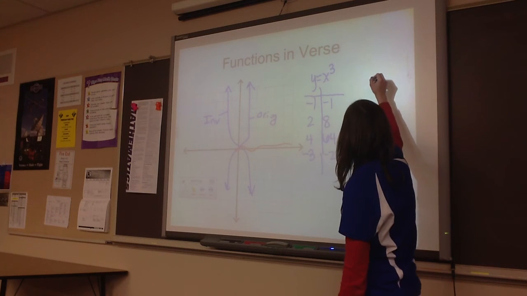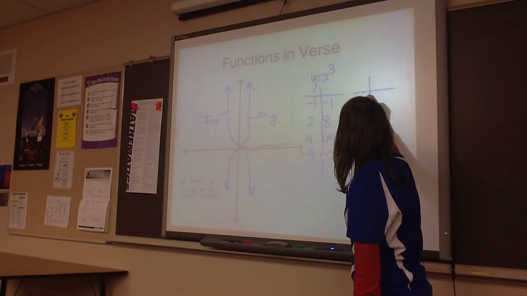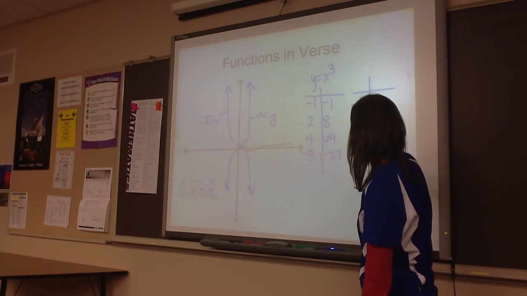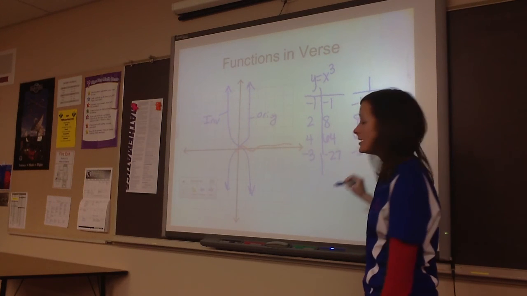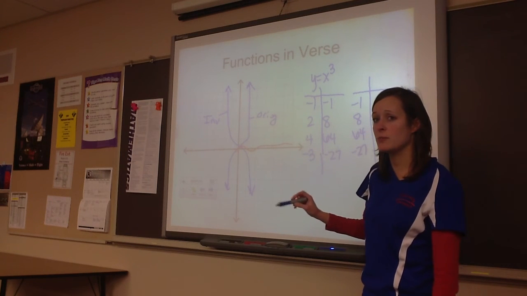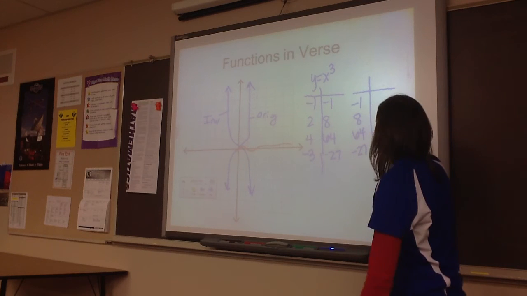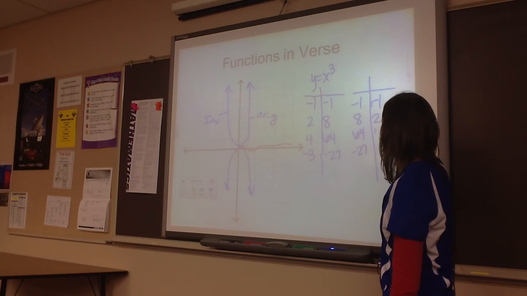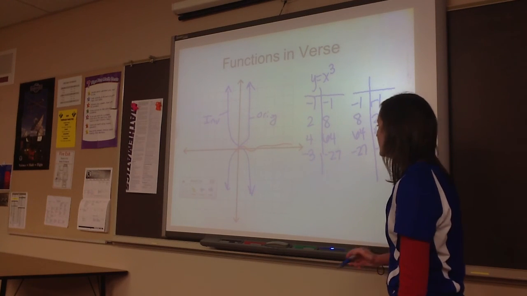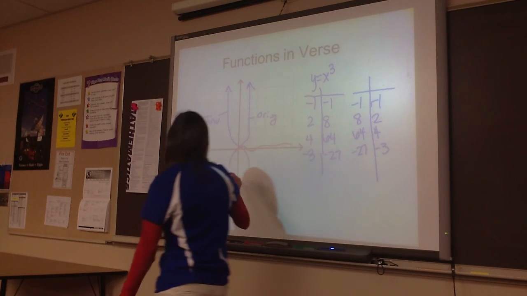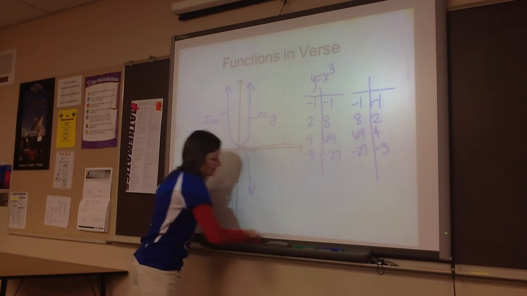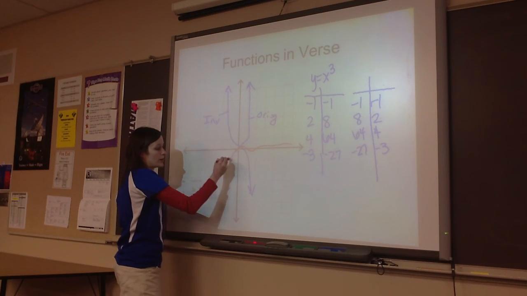Okay, so if we do the inverse of this, we put -1, 8, 64, -27, correct? Because in the last examples, we realized that they can flip. And so you get -1, 2, 4, -3. So at -1, we should be at -1 for our red line.